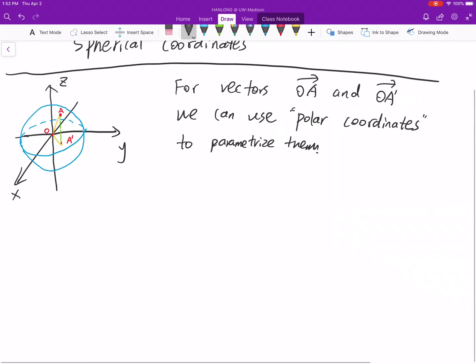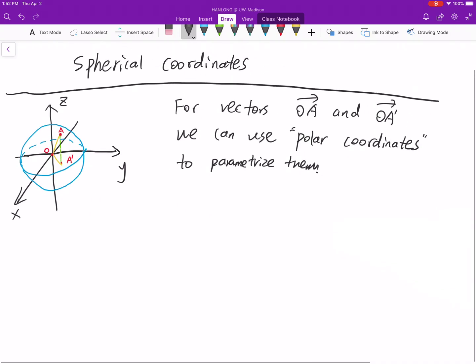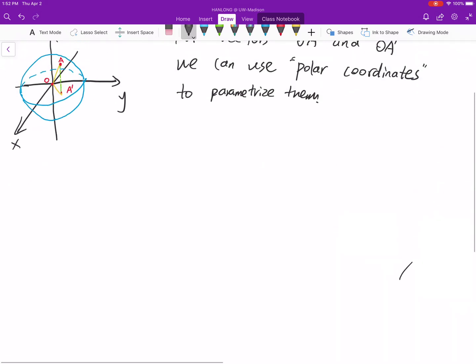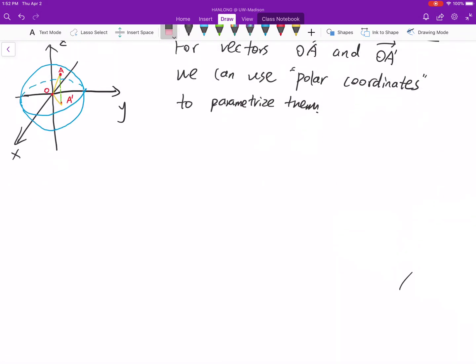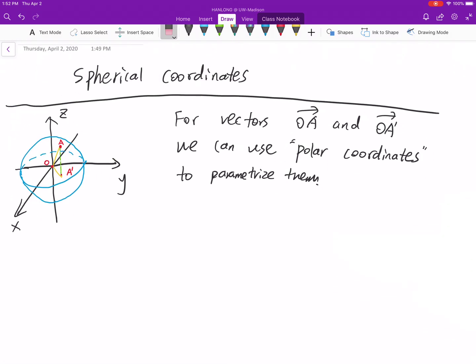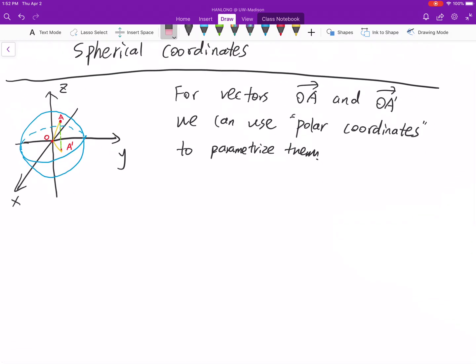Of course, here polar coordinates are a little bit different from the usual ones we learned before, and I will tell you in detail. So first, for OA prime, you see the angle is given by this one.